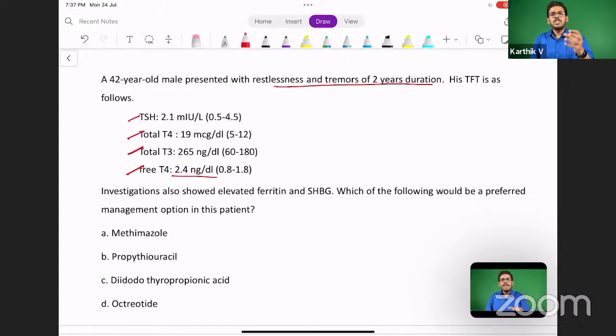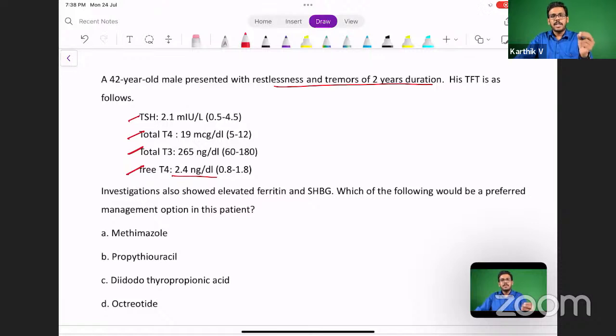But in a patient who is having thyrotoxicosis or hyperthyroidism, if you want to identify where the thyroid hormone stimulation is coming from, whether it is an intrinsic thyroid disorder or stimulation from the pituitary, the answer depends on your TSH levels. Because TSH and thyroid hormones have an inverse logarithmic relation between them. Even a very small increase in TSH or T4 would lead to a sudden reduction in the TSH levels.